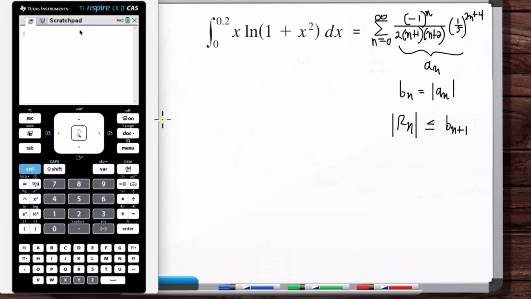So, all right, let's see. Let's just type this formula in. So 1/5 to the 2 times n plus 4, divided by 2 times n plus 1 times n plus 2.